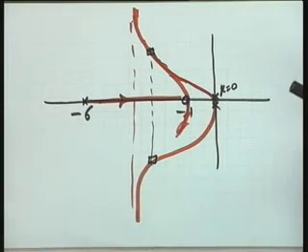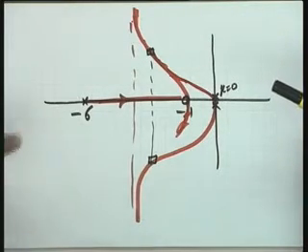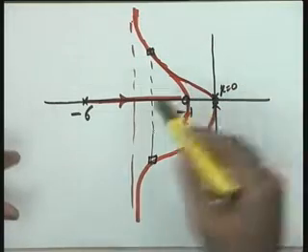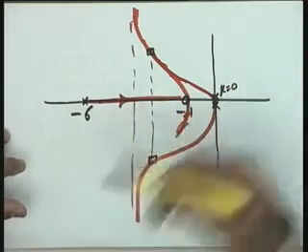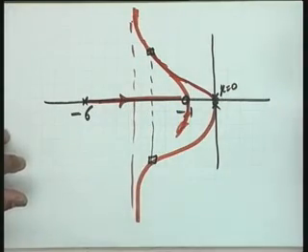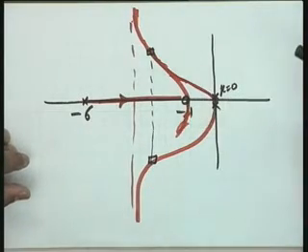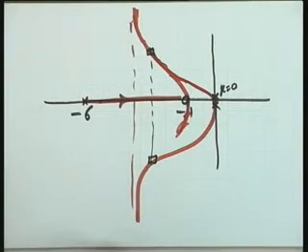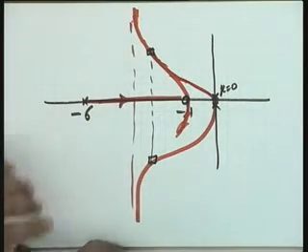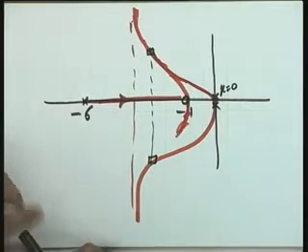If the dominance condition is not satisfied, then zeta is equal to 0.707 you have taken, but the corresponding peak overshoot will be different than that which you get by the second order correlation between zeta and MP, because of the effect of the third pole on the system. So the root locus will be complete only if you have seen the effect of the third pole on the system.